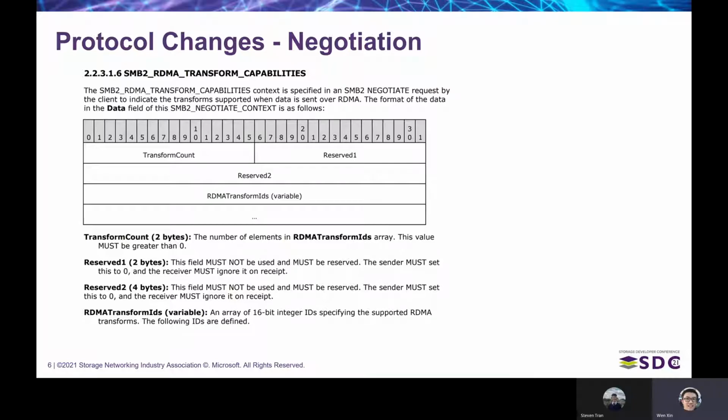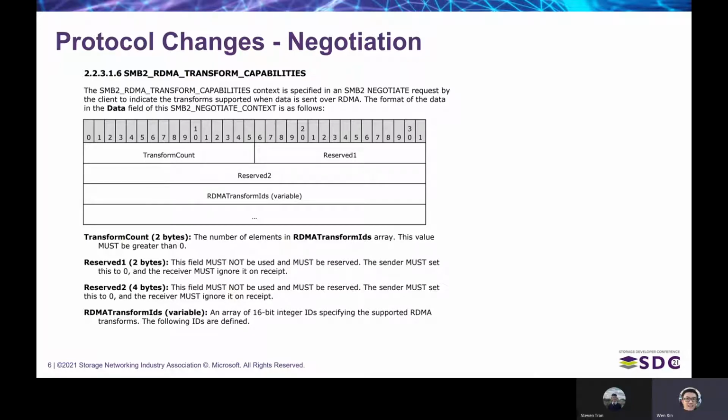If you're familiar with SMB RDMA, you might understand that SMB encryption and signing were supported over RDMA even before this feature. But the difference here is that this feature utilizes direct data placement, just as SMB RDMA using plain text would.